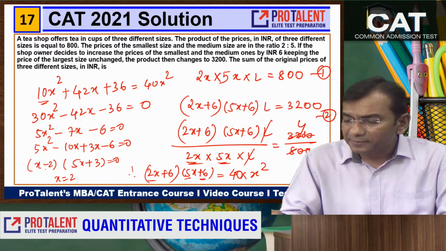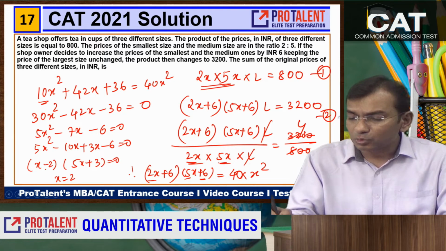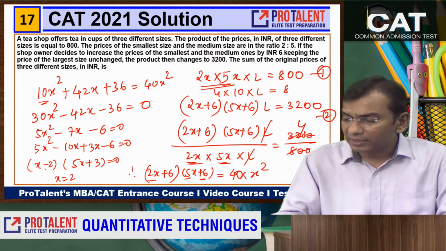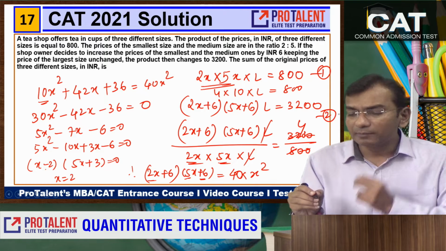So when I put x equal to 2 here, this becomes 4 into 10 into L is equal to 800. So my L will become 20.